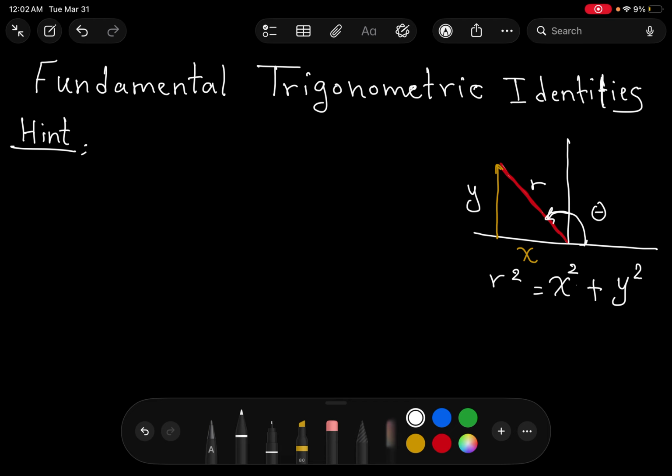So guys, we have some hints. You should memorize them, and some of the hints you will study again in 12th grade.